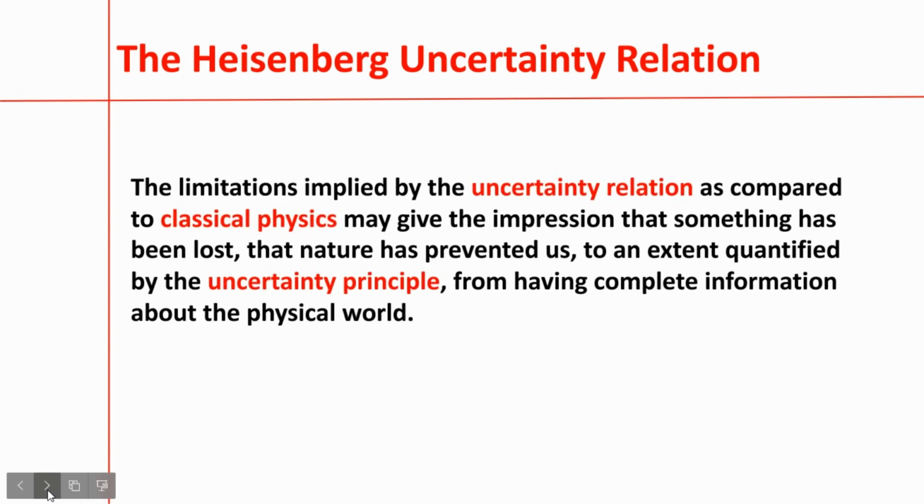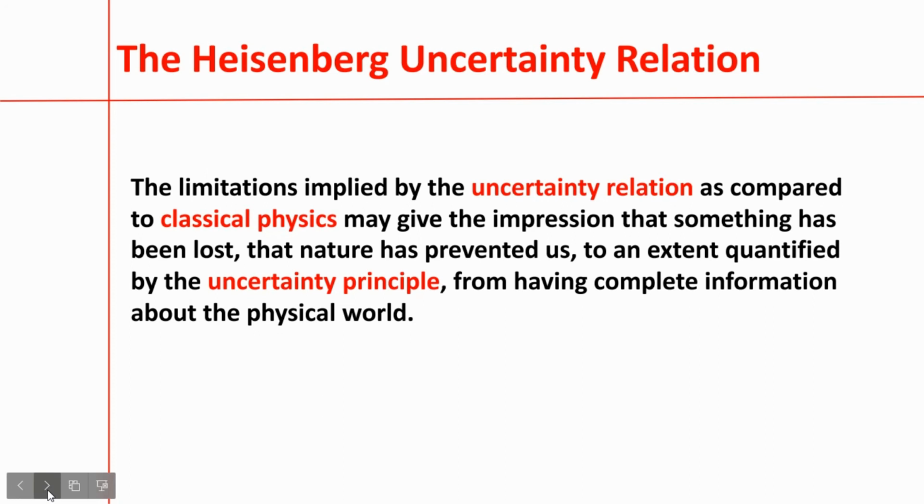The limitations implied by the uncertainty relations, as compared to classical physics, may give the impression that something has been lost, that nature has prevented us, to an extent quantified by the uncertainty principle, from having complete information about the physical world.